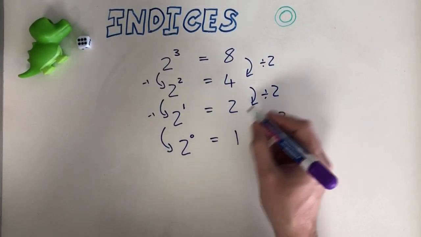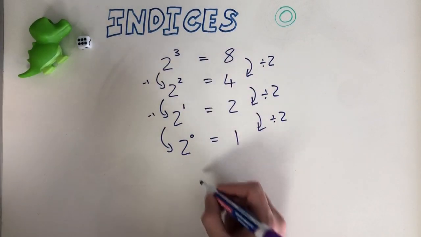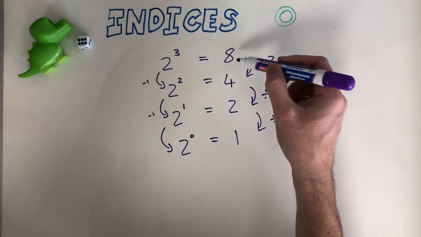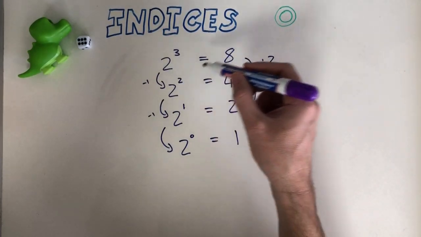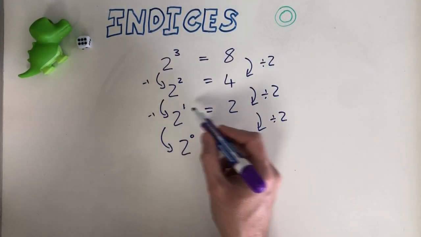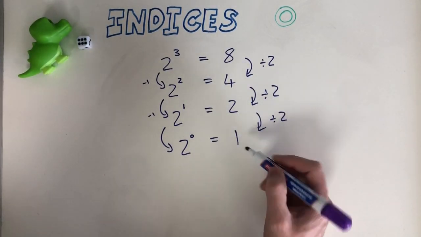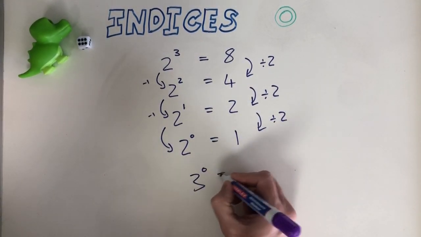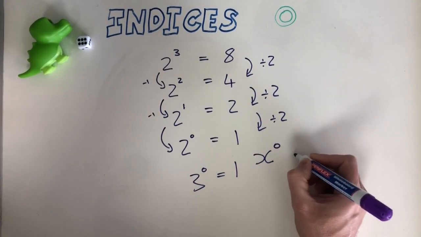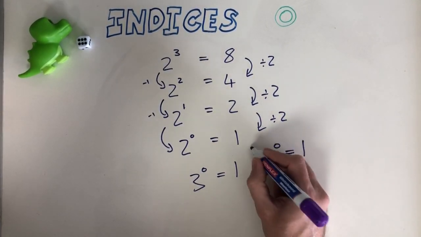So this is going to happen all the time. If I do it with 3, then 3 to the power of 3 is 27, and we're going to divide by 3, divide by 3, divide by 3, and eventually 3 to the power of 1 would be 3, and then dividing that by 3, we'd see 3 to the power of 0 is 1. So any number to the power of 0 would always be 1.